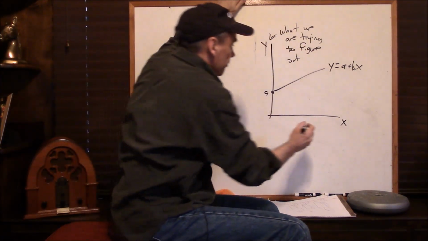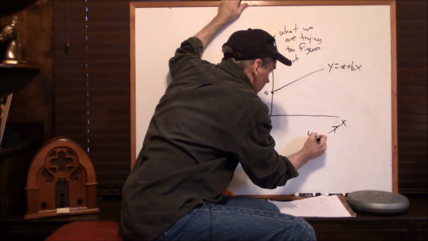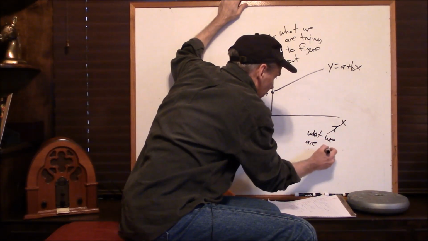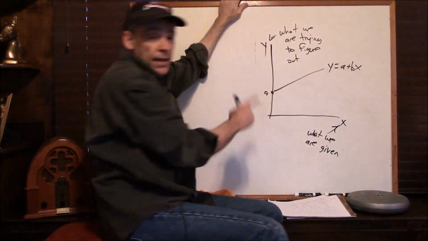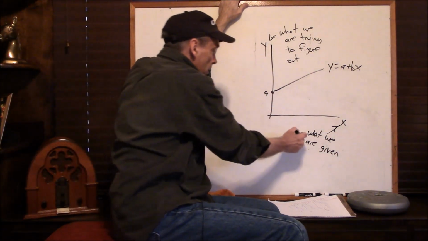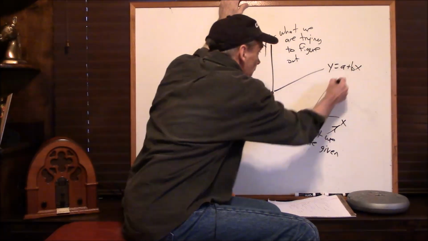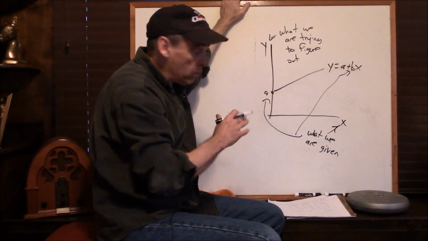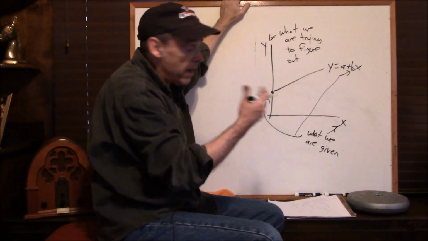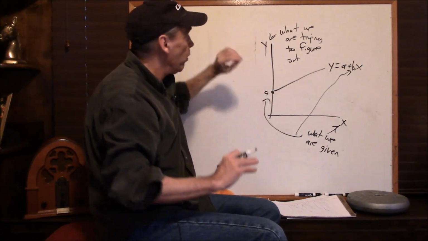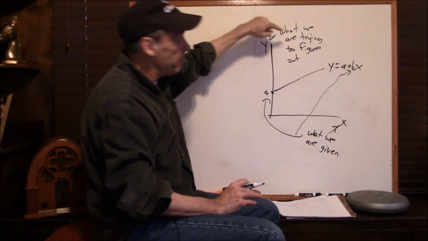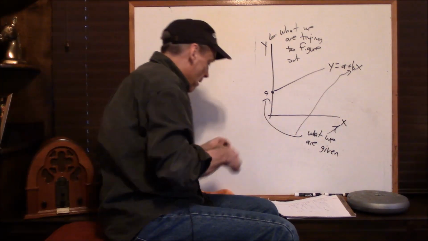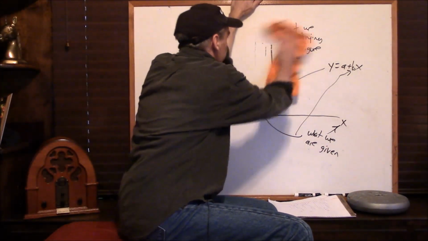We're trying to figure it out. And x is what we're given. Of course, we're also given a and b, but a and b don't change. A and b are always the same number. X will be given a variety of values. So, once again, very important, what we're trying to figure out and what we're given to help us figure out that value.